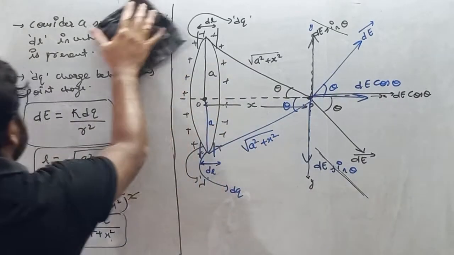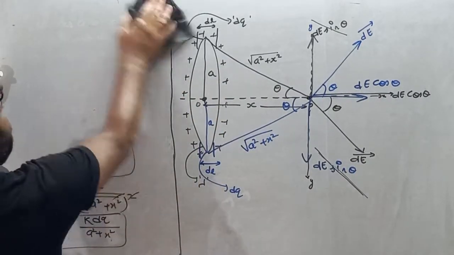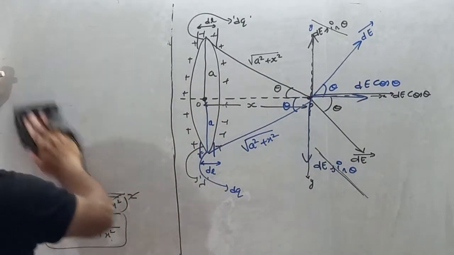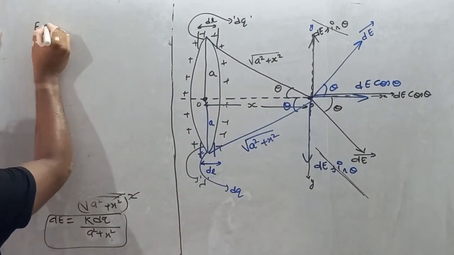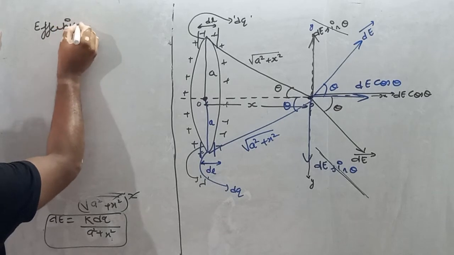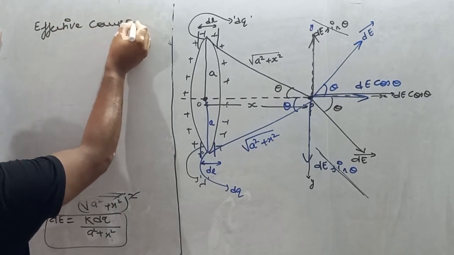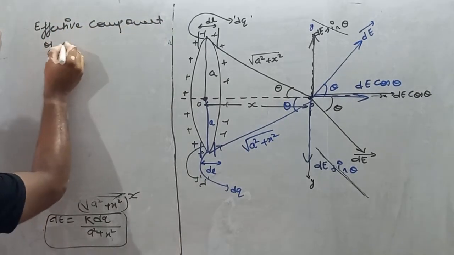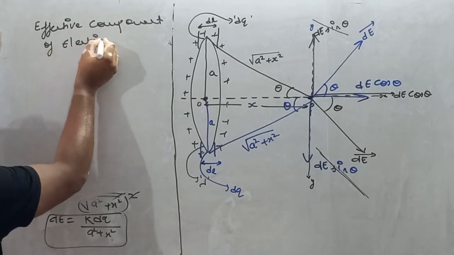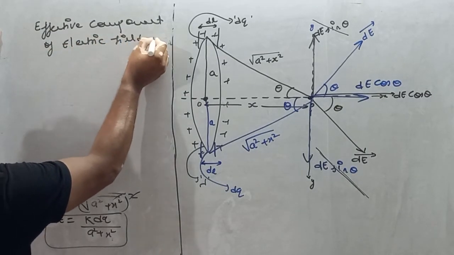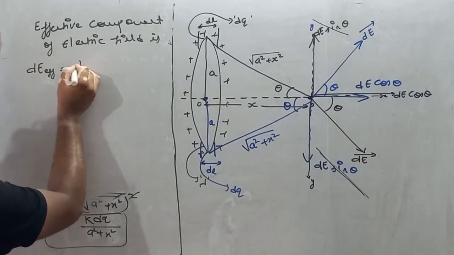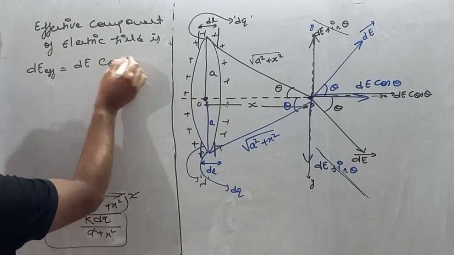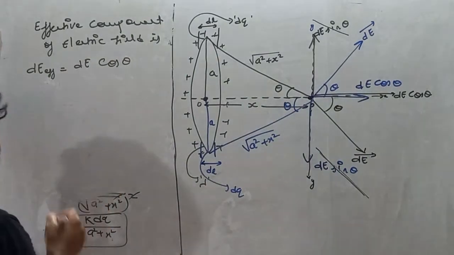So we'll see here that the effective component of electric field, I'll write here dE effective, is equal to dE cos theta. Now we'll put the value of dE.